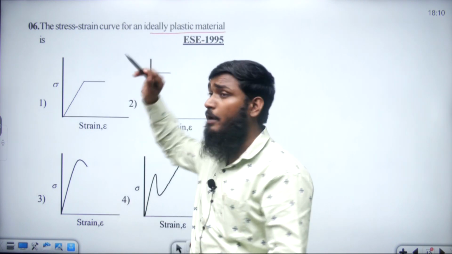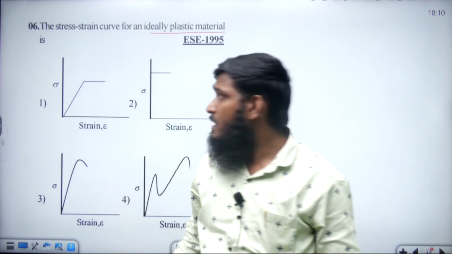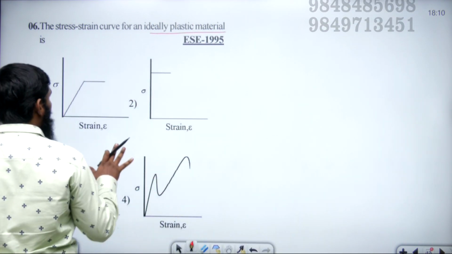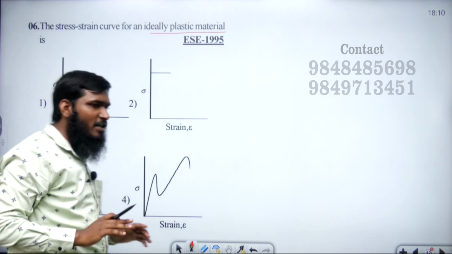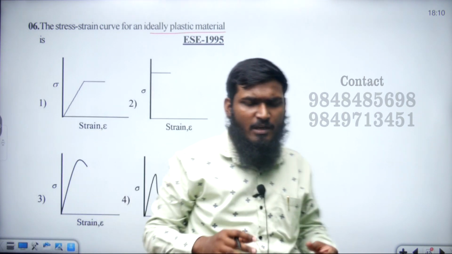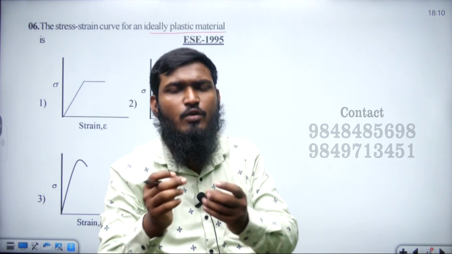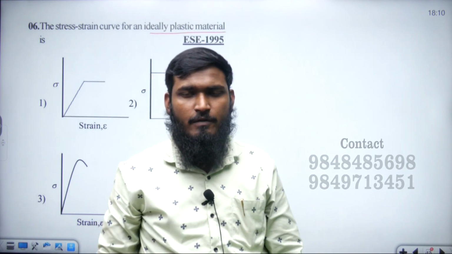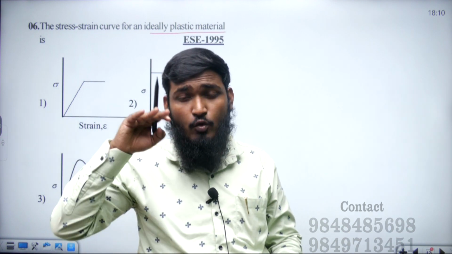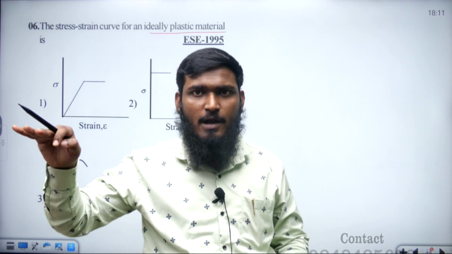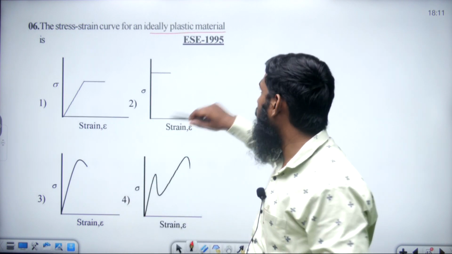Similarly over here, we are calling it a perfect plastic material. So which graph will be perfect, suiting an ideally plastic material? Ideally plastic material means we are having only deformations, not stress. We are not having any stress, we are having only the what? Strain.